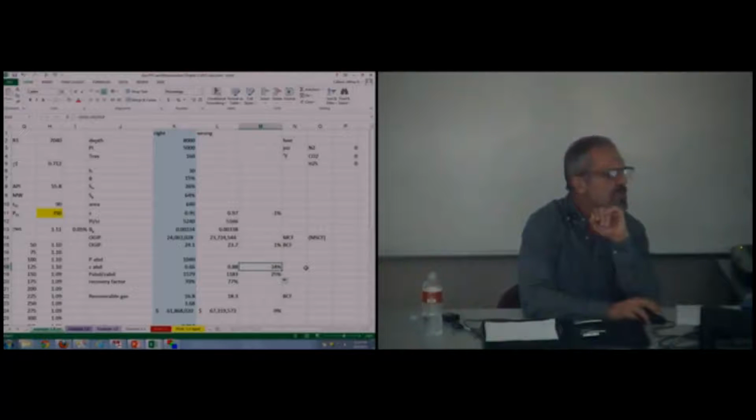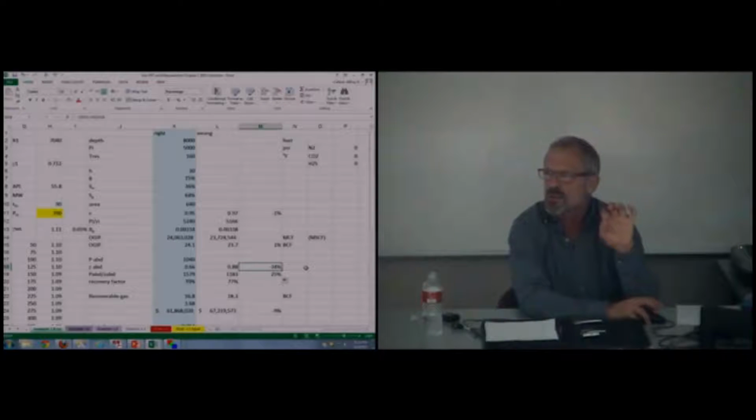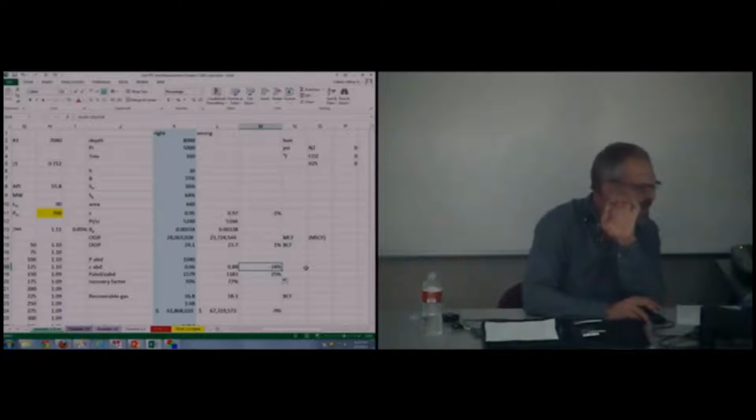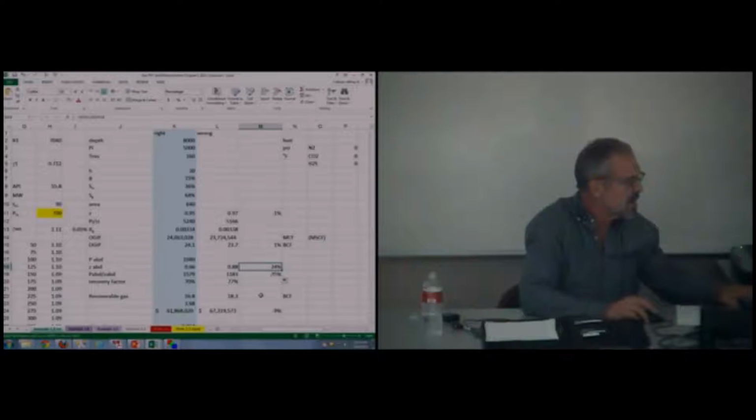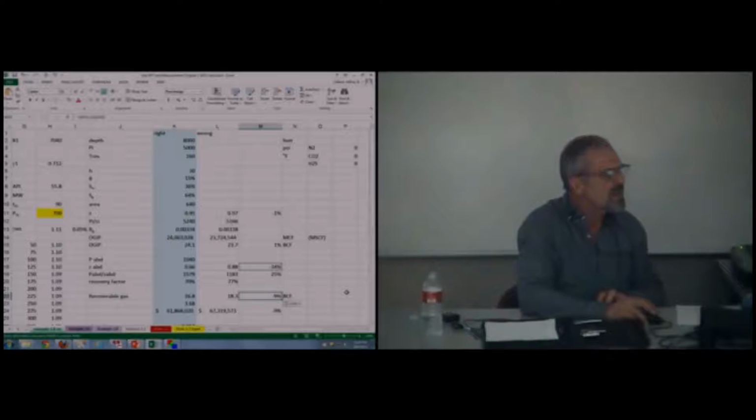I have a 34% error in low pressure Z calculation when I used the wrong gas gravity. I knew there was a bigger thing in here somewhere that I was missing. So, yeah, now I'm 9% off on my recoverable gas gravity.